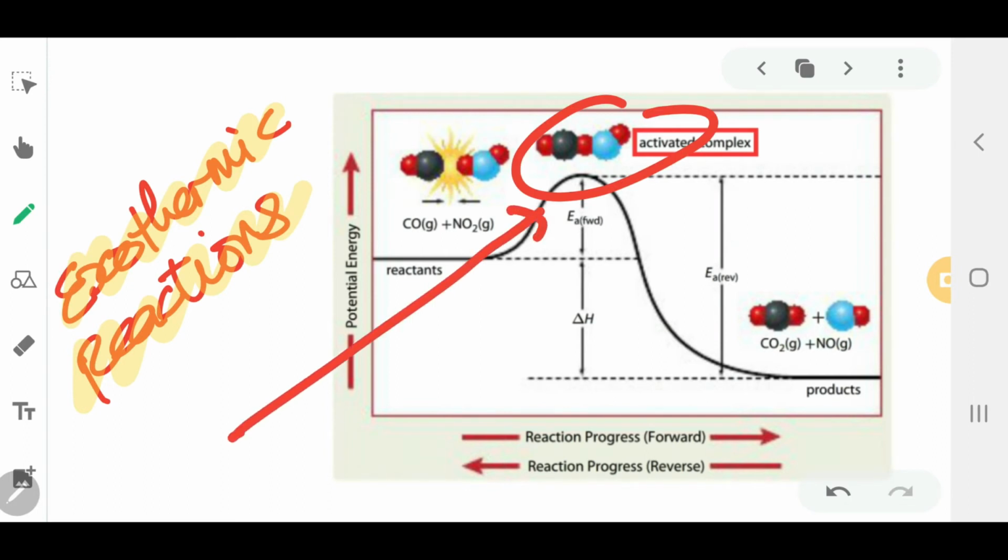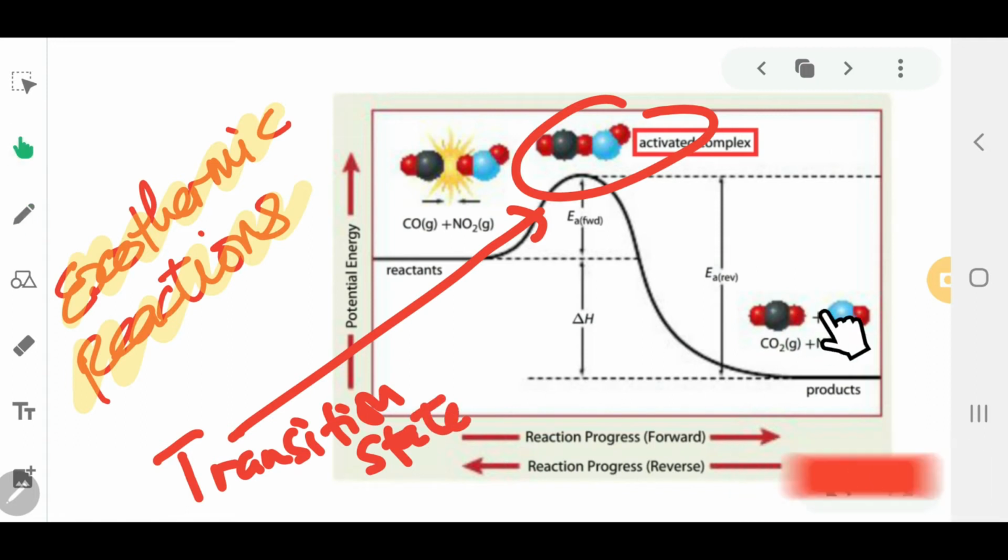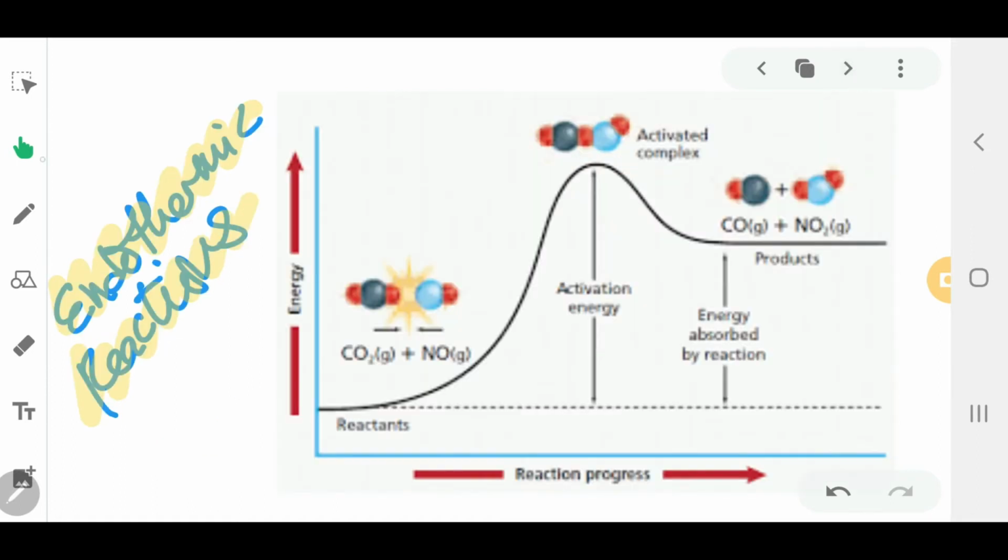So the reaction will go through a transition state first before they will be able to form the products. The same thing will happen for endothermic reactions.